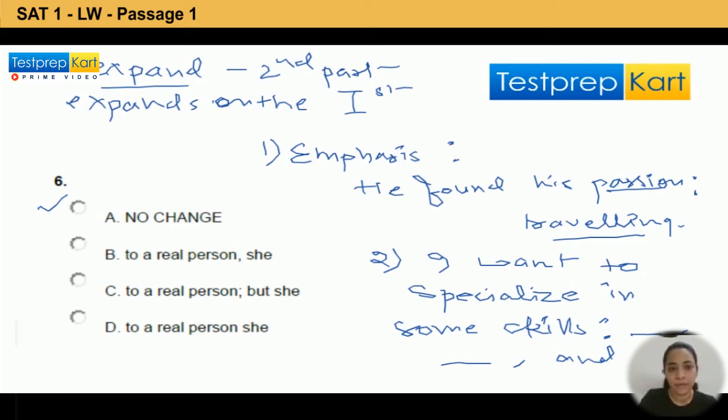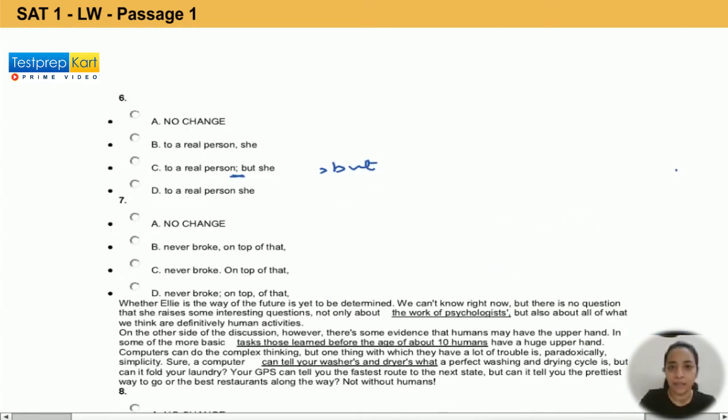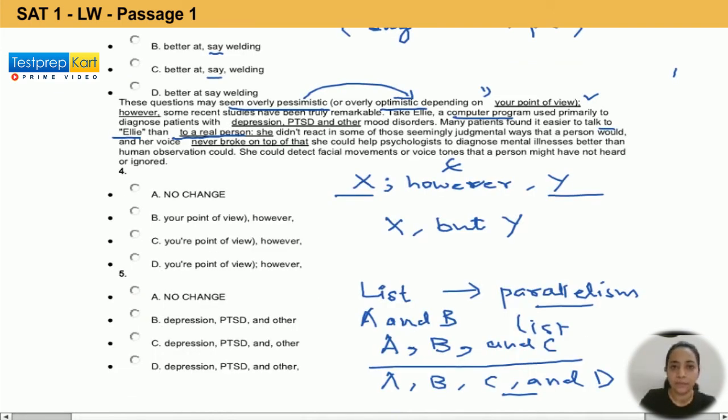Here, we have a comma. Now note, when we use a comma, then basically we are joining two complete clauses with a comma. Many people found it easier to talk to Ellie than to a real person. Complete. She didn't react in some of those.